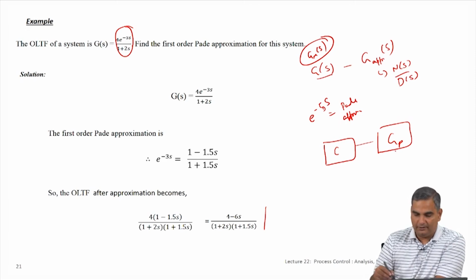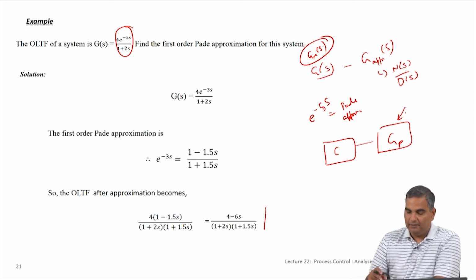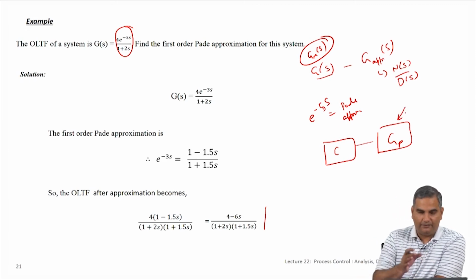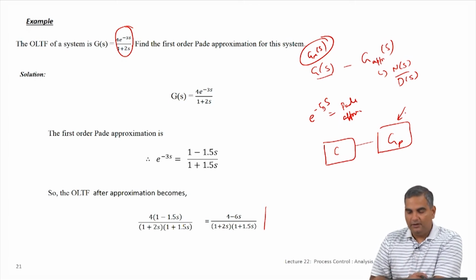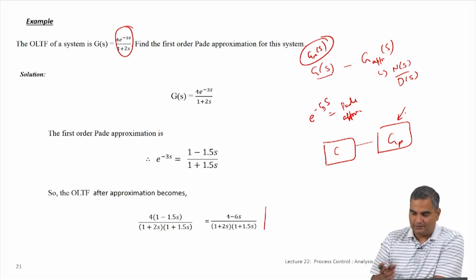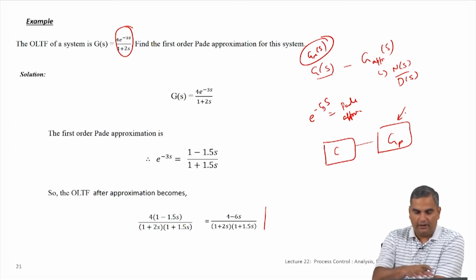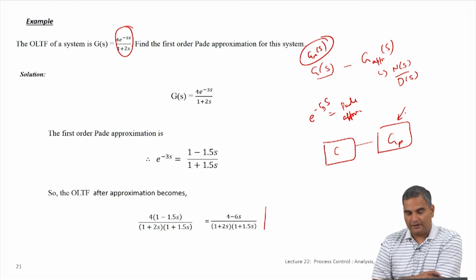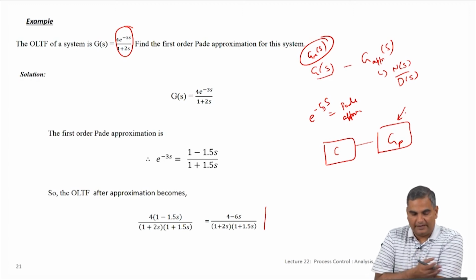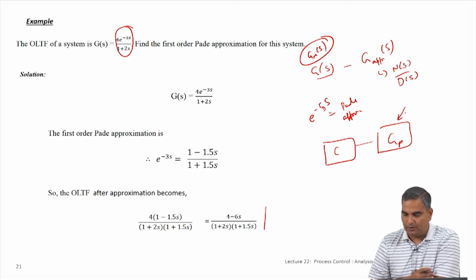Then you can do the analysis of how my controller would still perform by choosing different G process that could happen. That way you can study the robustness of your controller for time delay when the delay in the process is slightly different from whatever was used in the model.